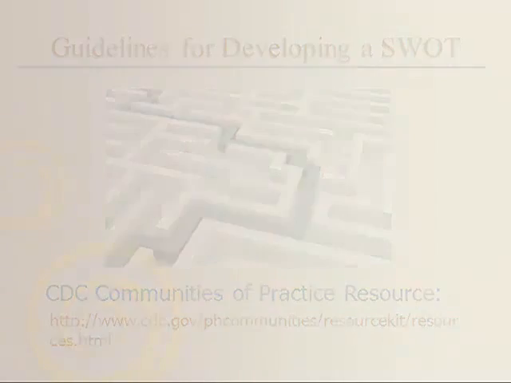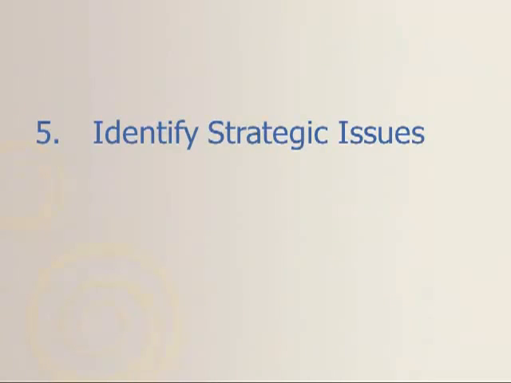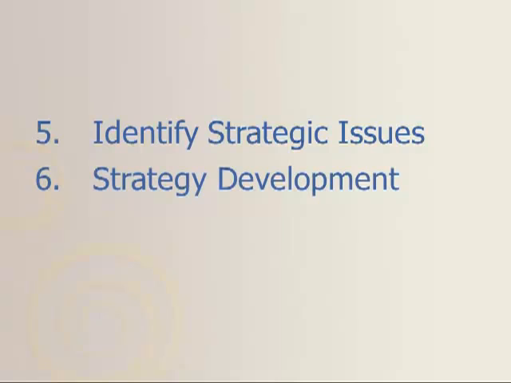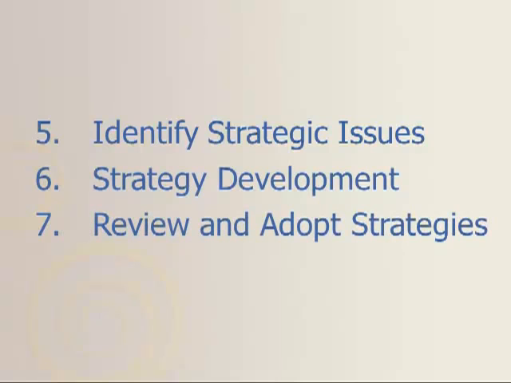The next 3 steps in Bryson's model, and this is similar to the diagram developed by Lynch that we reviewed earlier, include the identification of strategic issues, the development of strategies, and reviewing and adopting those strategies. This is the how do we get there portion of the exercise. There are many processes to tease out from planning participants what the key strategies are, how to develop them, and the techniques for prioritizing and choosing among them.